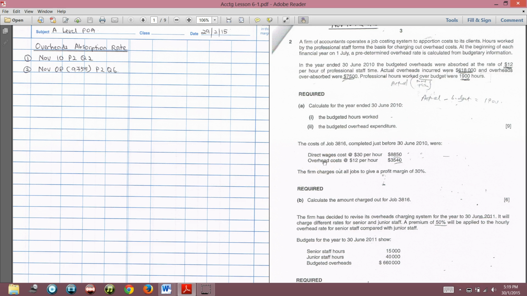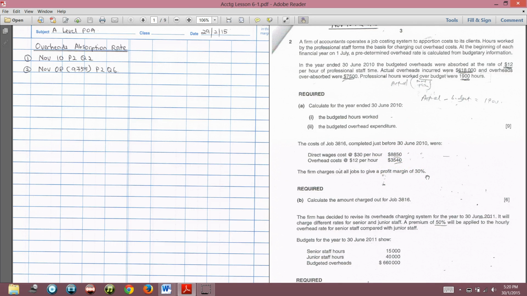They are producing work for the client. So their cost is mainly the direct wage cost, the accounting staff cost, and also the overheads. There's no direct material. These are the costs for their job, and the profit margin is 30%.